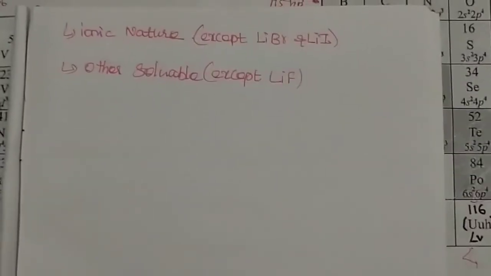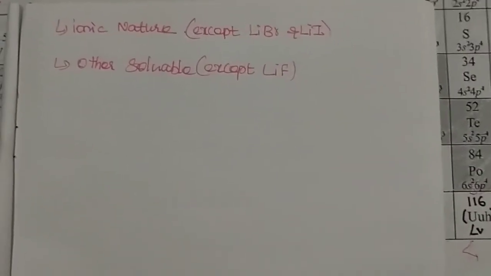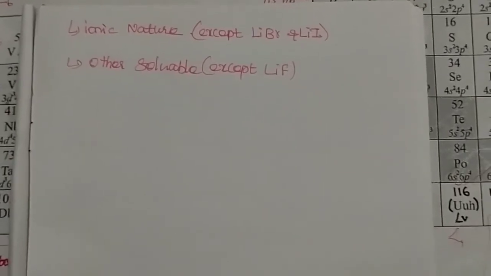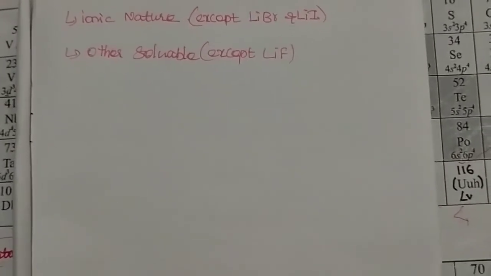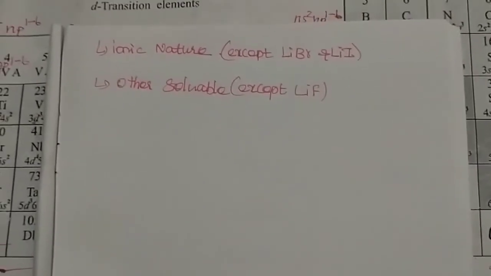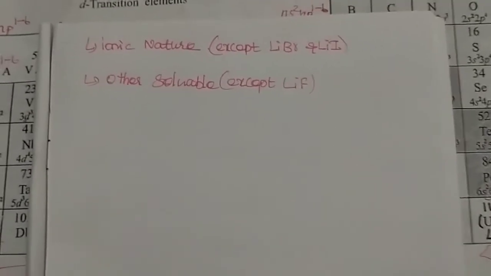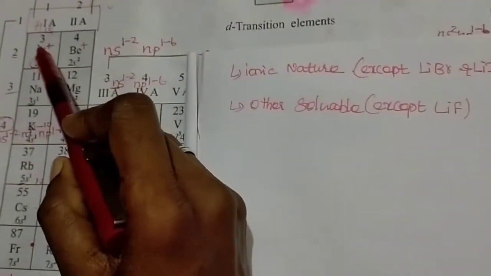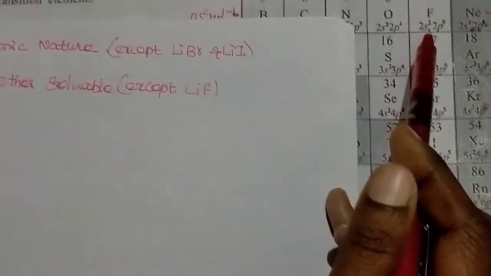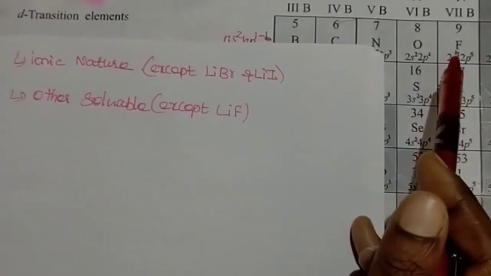The low solubility of lithium fluoride in water is because of the high lattice enthalpy and the smaller size of lithium and fluoride. Lithium is placed at the top of the alkali metals, and fluorine is placed at the top of the halogens.